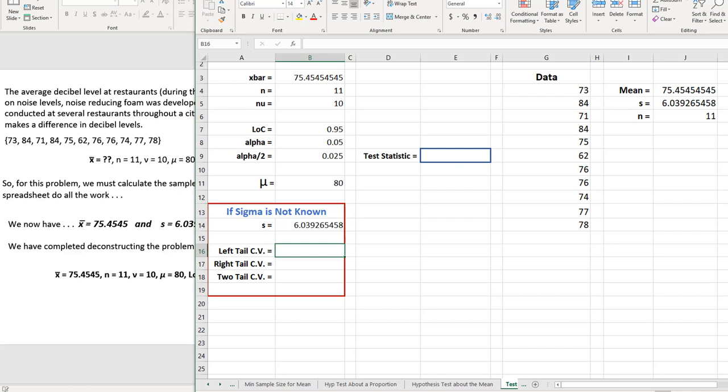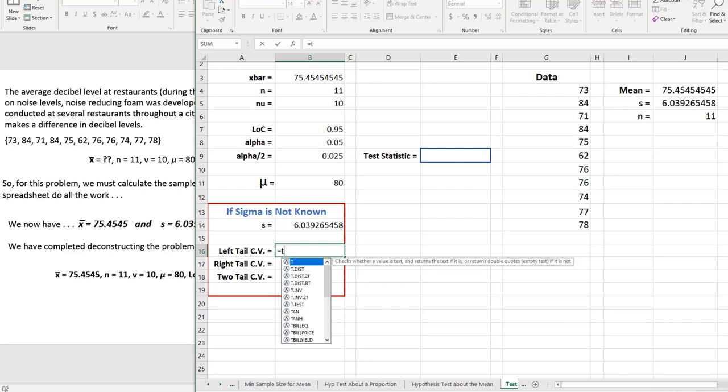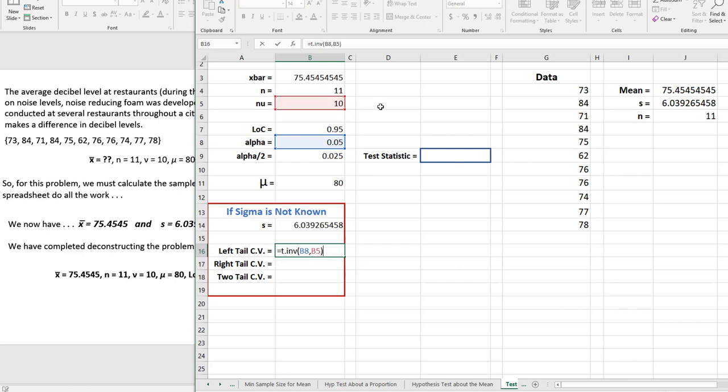So we will type in equals t dot inv, open parenthesis, alpha, comma, nu, otherwise known as degrees of freedom. My right tail critical value equals, if you remember correctly, the absolute value of the left tail critical value.